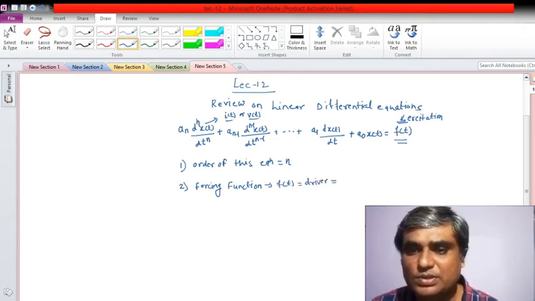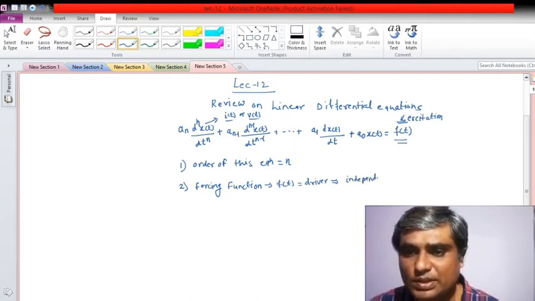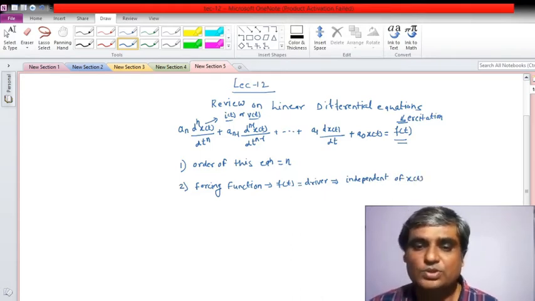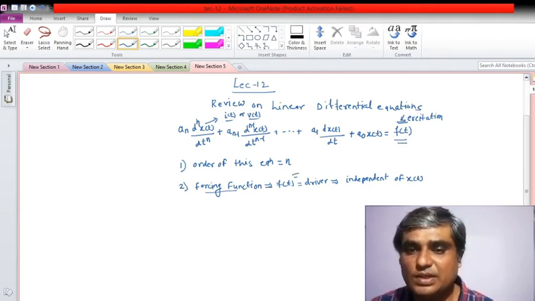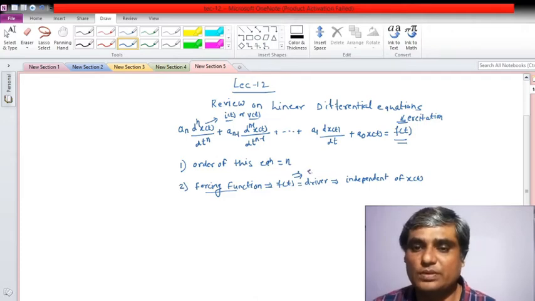And mind you, this is independent of x(t). It does not depend on x(t). So it is the forcing function or driver in general mathematical terms. In circuit representation, it will be your input voltage source or current source, I will say source excitation, which is given to the network.